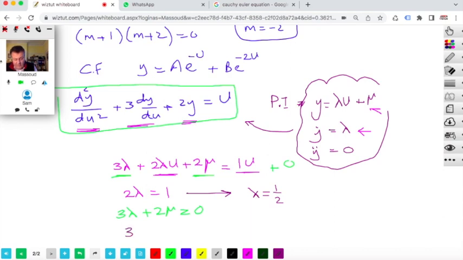3 halves plus 2 mu is equal to 0, which will conclude that mu would be equal to minus 3/4.